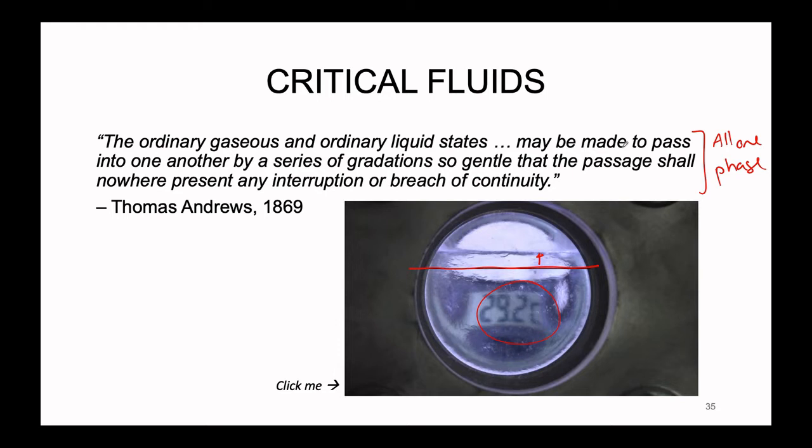So the density of the liquid is changing such that now the liquid needs to occupy more volume. And what we would eventually see in this video is that this boundary right here between the liquid and the gas would disappear. And suddenly we would have this kind of wispy appearance all throughout the chamber. And that is what a critical fluid looks like.